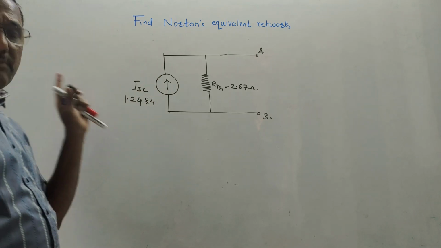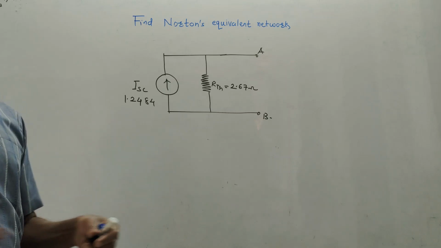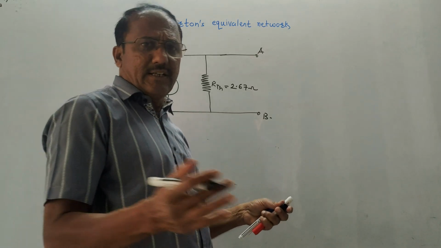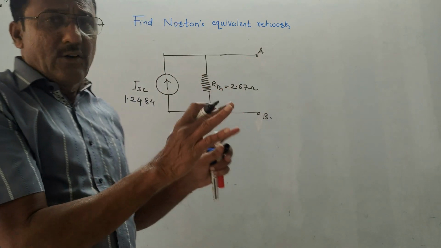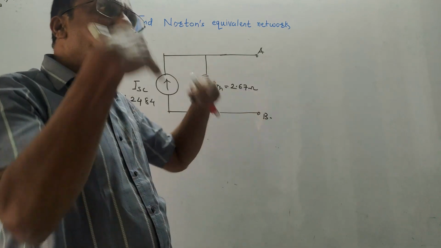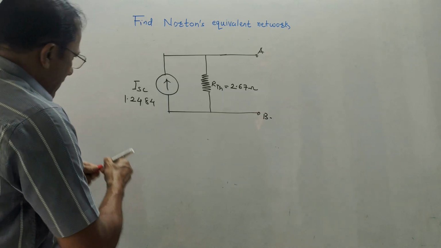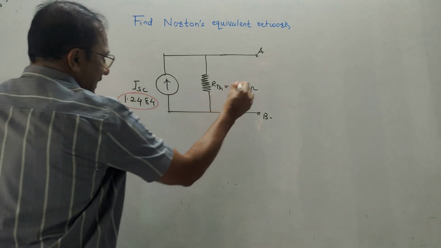Now one very important concept. Suppose you want to do the calculation of Thevenin's theorem, and if you don't know Thevenin's theorem, you know only Norton's theorem, then what to do? This is the last step of Norton's theorem. I want Thevenin's equivalent diagram. Simple trick I will tell you. Consider this value of ISC and RTH.